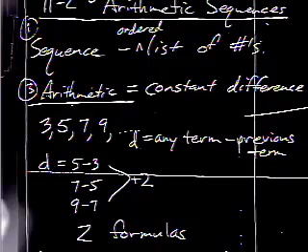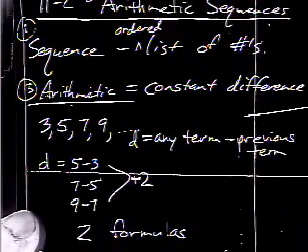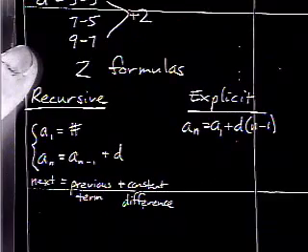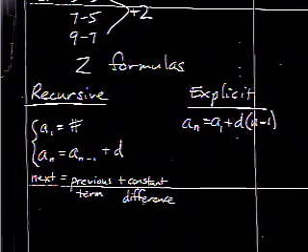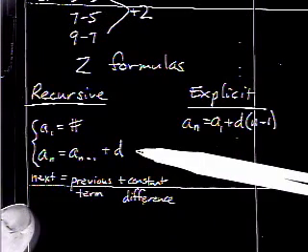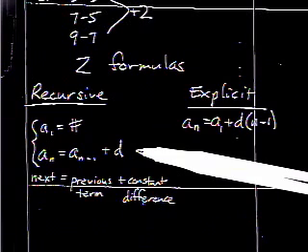Now there are two different formulas you're going to be seeing. One of them is called recursive, and the other one is called explicit. Now, the recursive one is not the most useful thing in the whole wide world. There are patterns of sequences out there where you can only find a recursive pattern.